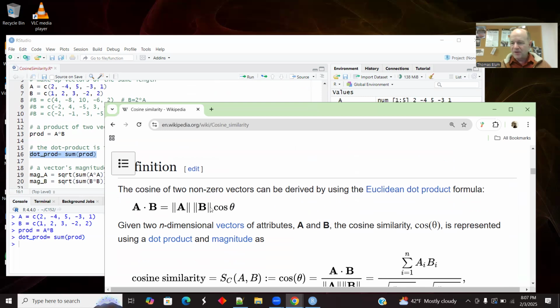So we take the dot product, which is what we were just getting. This is another way to think about the dot product. So the dot product can be the first component of A times the first component of B, plus the second component of A times the second component of B, add those all up. That also happens to be, in a way, the magnitude of A times the magnitude of B times the cosine. And then there's the cosine of cosine similarity.